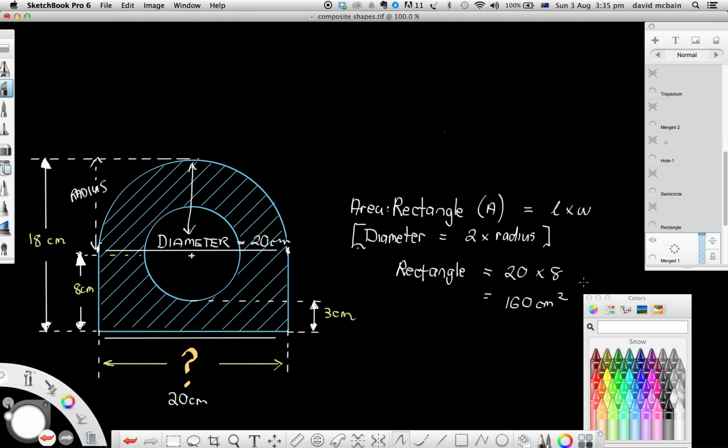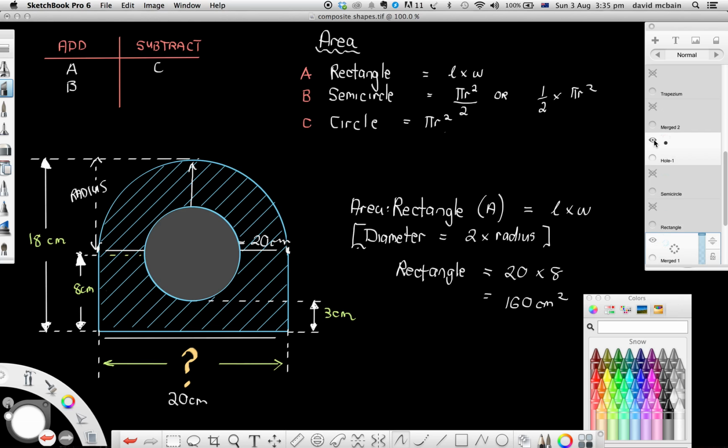So there's the area of our rectangle. So let's put that in our little table. The area of the rectangle was 160. There it is there.